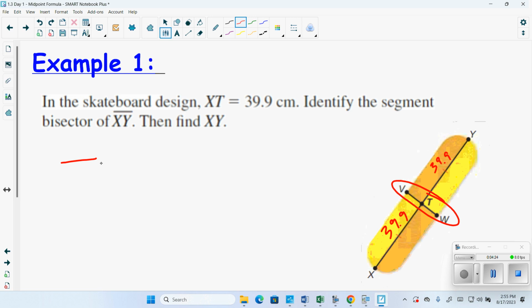So segment VW is the segment bisector. And the length of XY would be adding 39.9 plus 39.9, which gives 79.8. So XY would be adding the 2 smaller segments together.